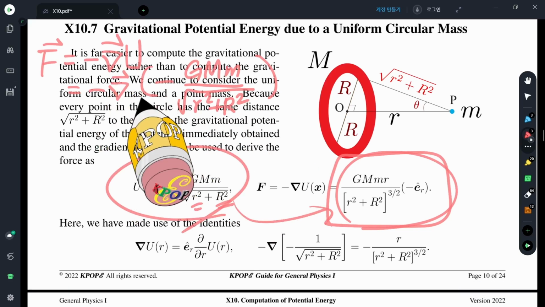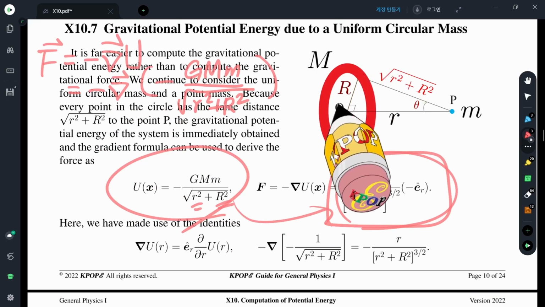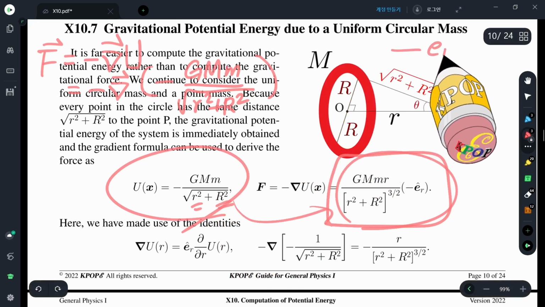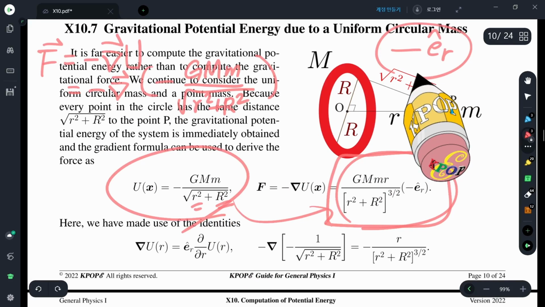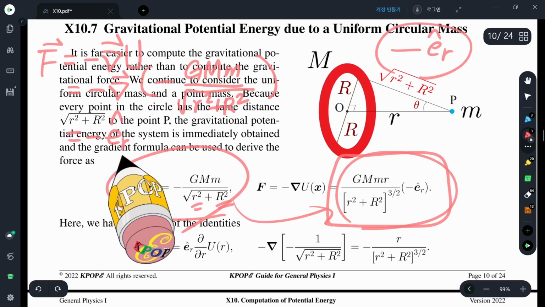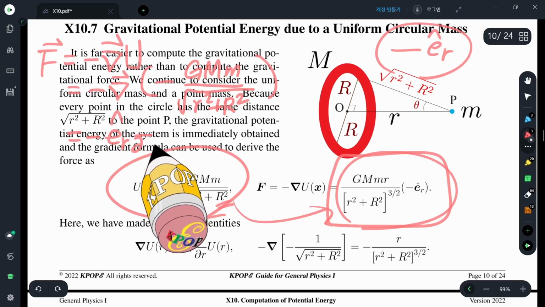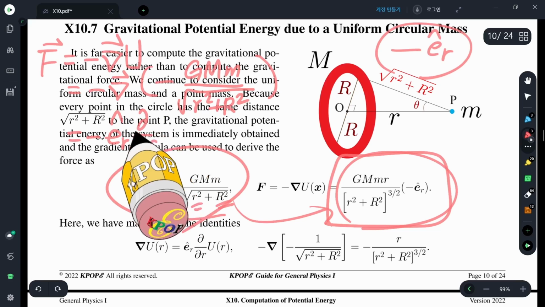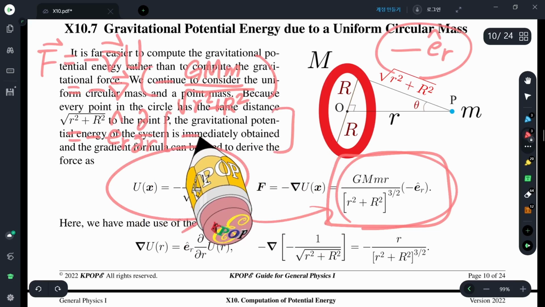There are many components, but we know this force is along the direction of ER, so I don't have to worry about it. This gradient effectively replaces this.